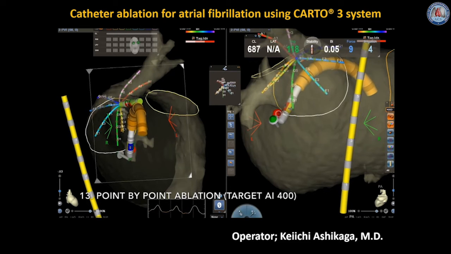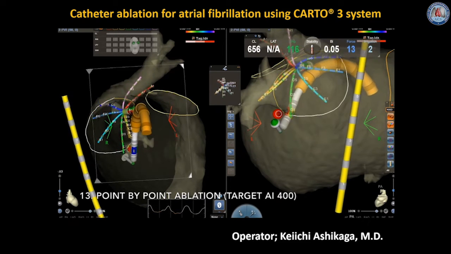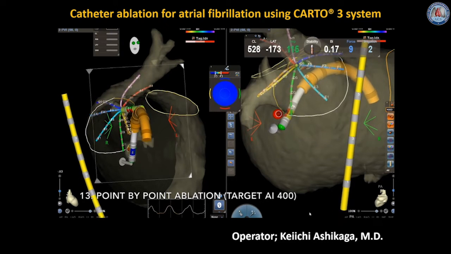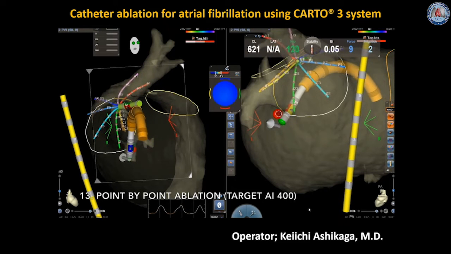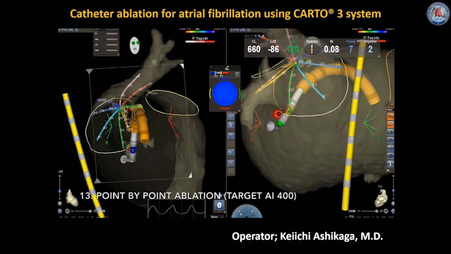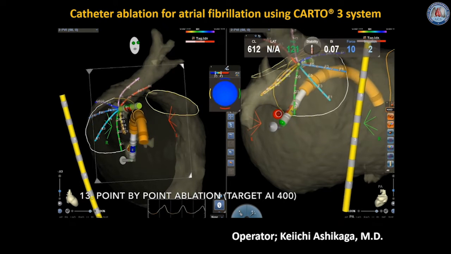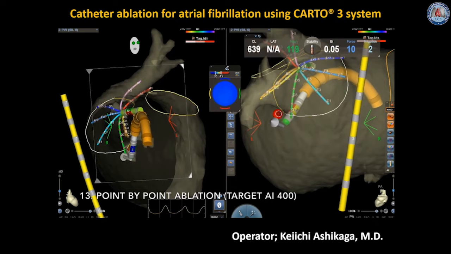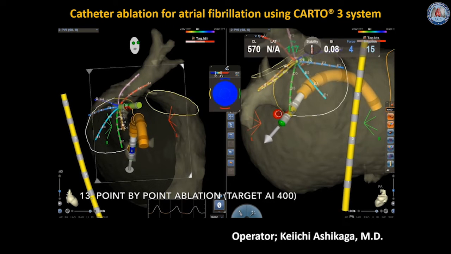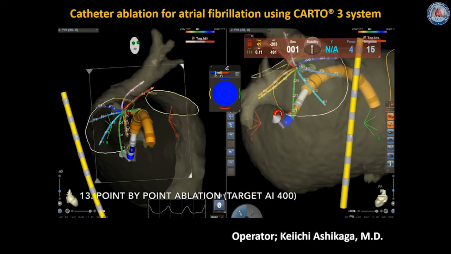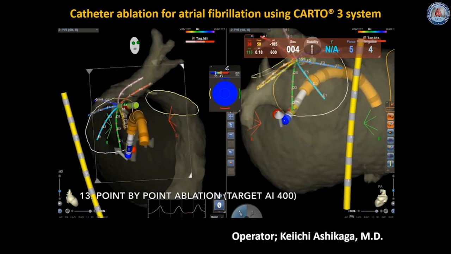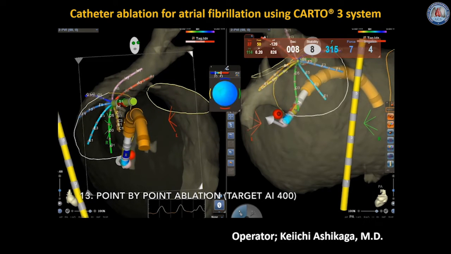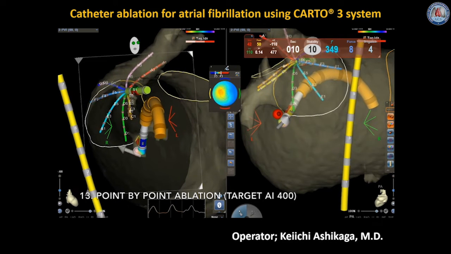Here we see the point-by-point ablation. We can confirm the ablation points by the red dots. The target ablation index for the posterior side is 400. Here we see the ablation index.